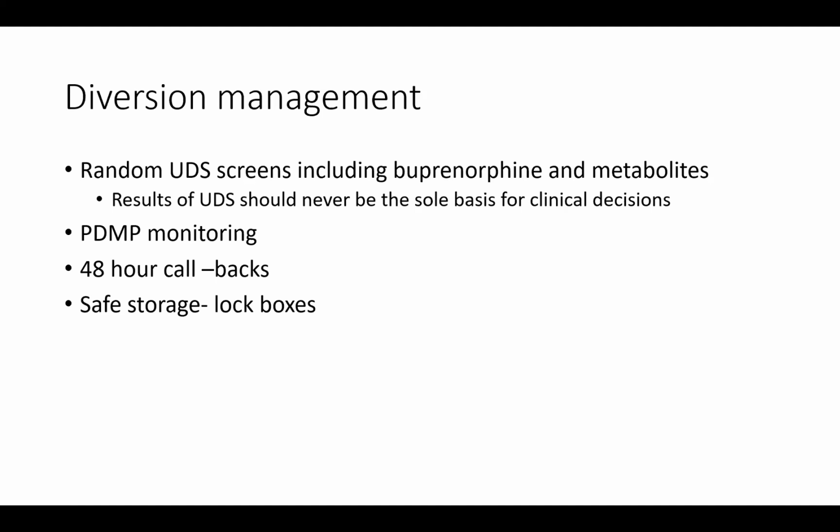So when I do a drug screen, I get the results. If it's positive for something that I don't expect, I have a discussion with the patient and say, hey, I was kind of surprised, based on what you're telling me, your urine drug screen was positive for fentanyl and negative for buprenorphine.